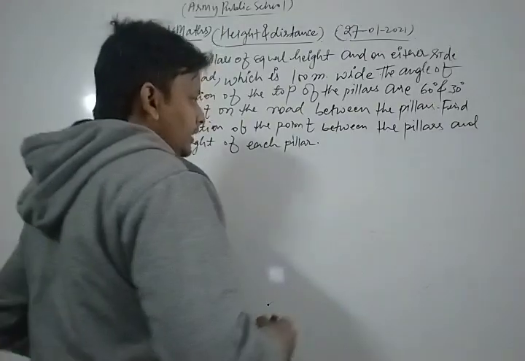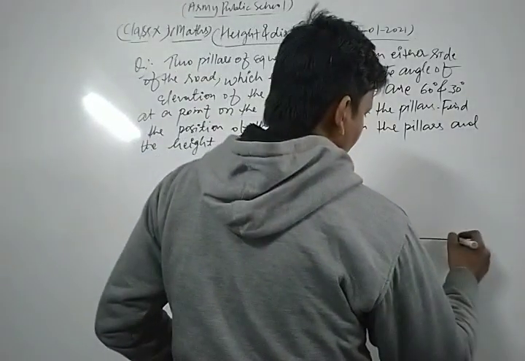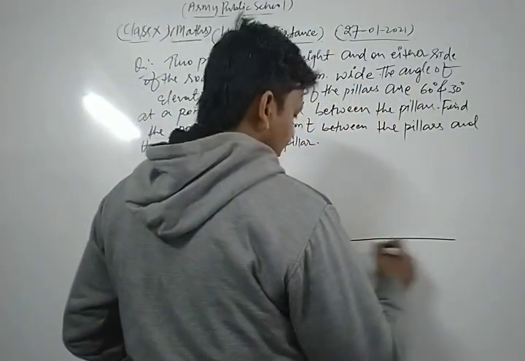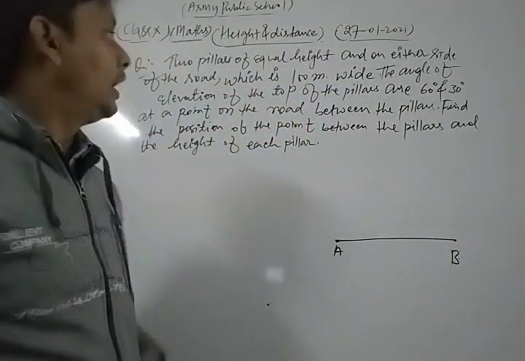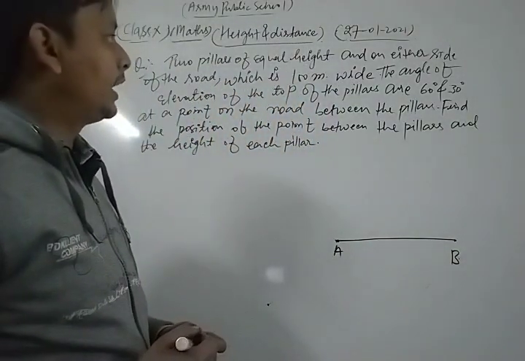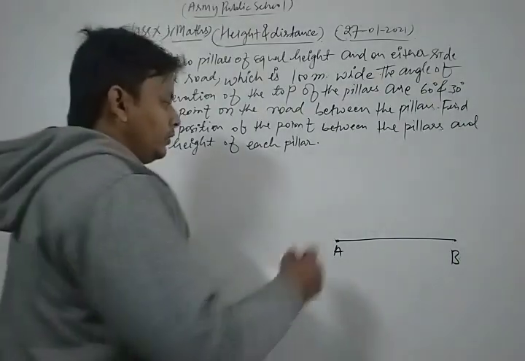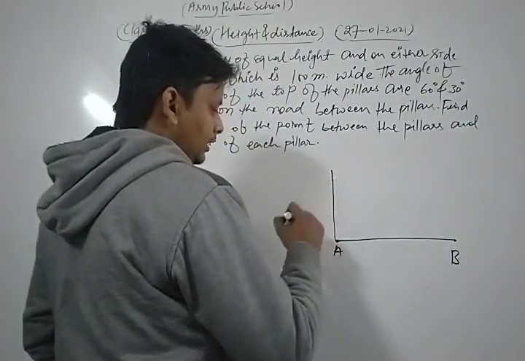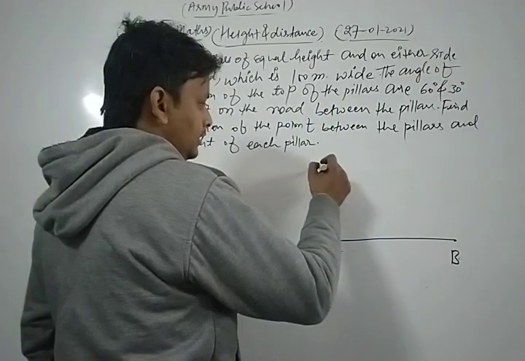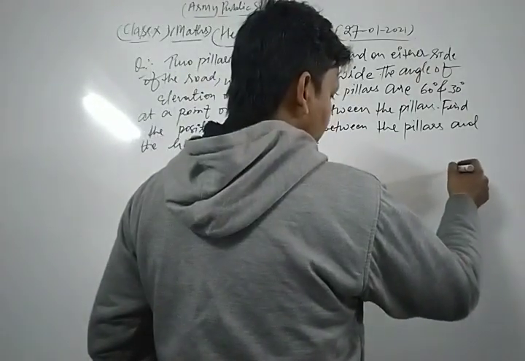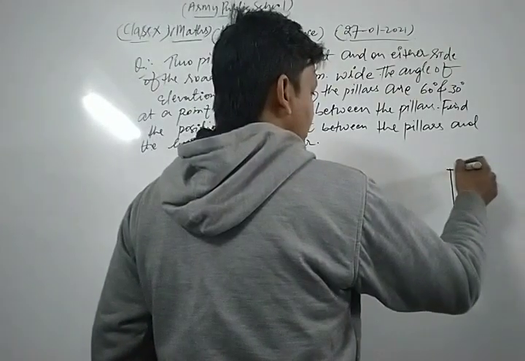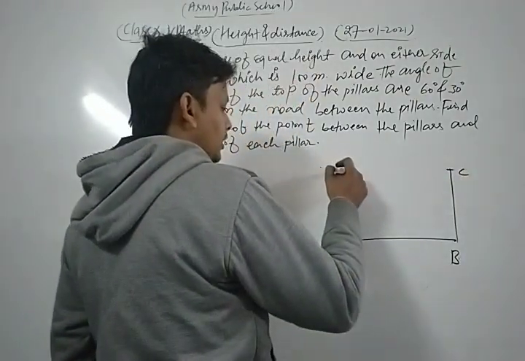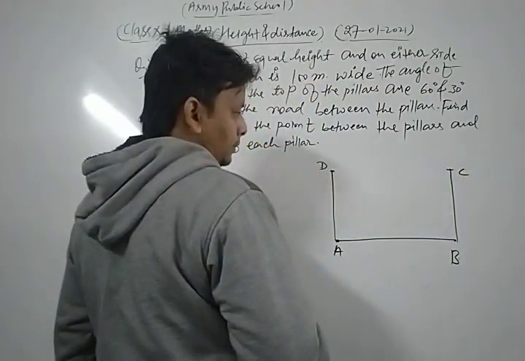Suppose AB is the road, and two pillars of equal height are on either side of the road. One pillar is on that side and one pillar is on the other side, equal in height. Suppose BC is the first pillar and AD is the second pillar.